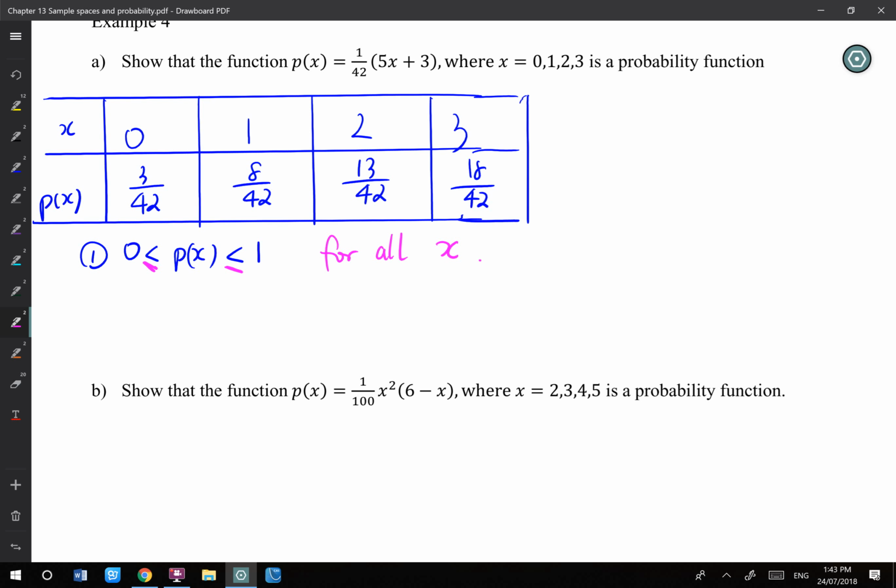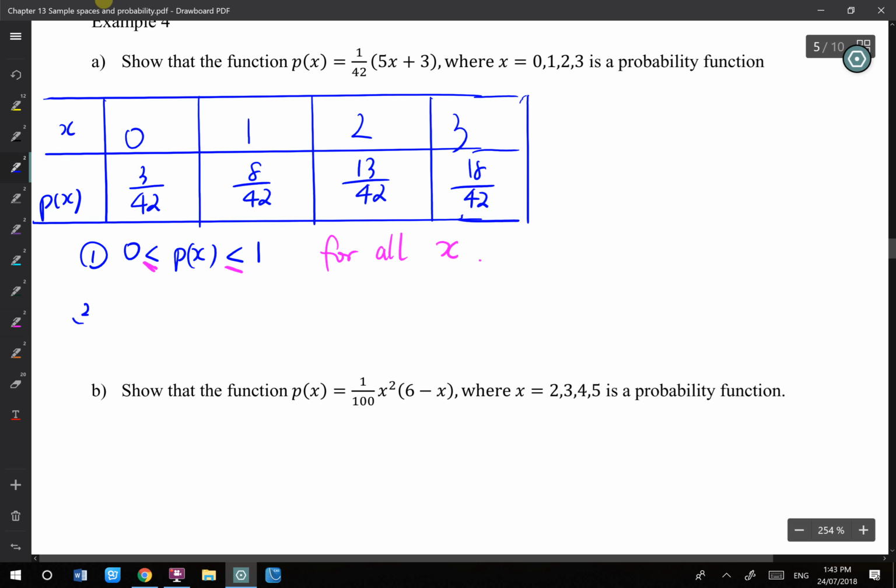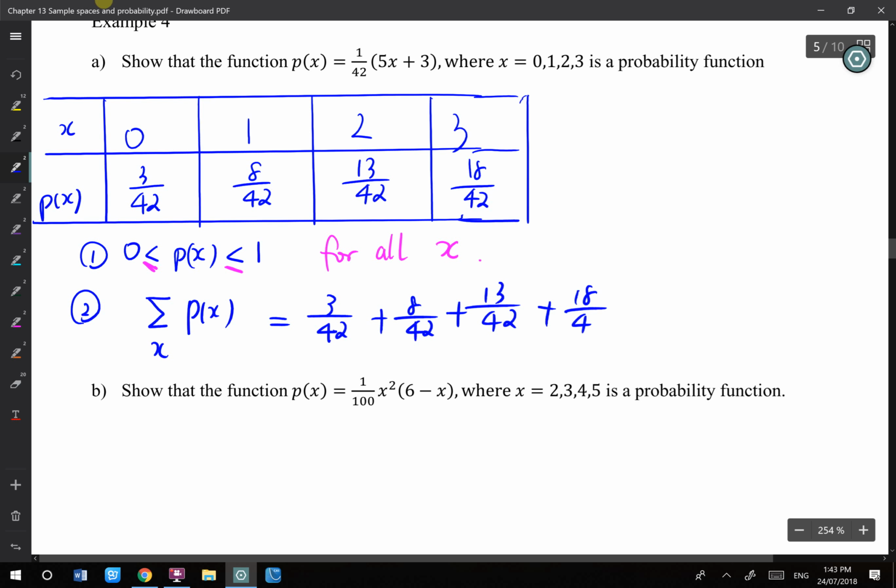And the second, what I can do is the sum of all the p(x) for x, that equals to 3 over that plus 8 over that plus 13 over that plus 18 over that.